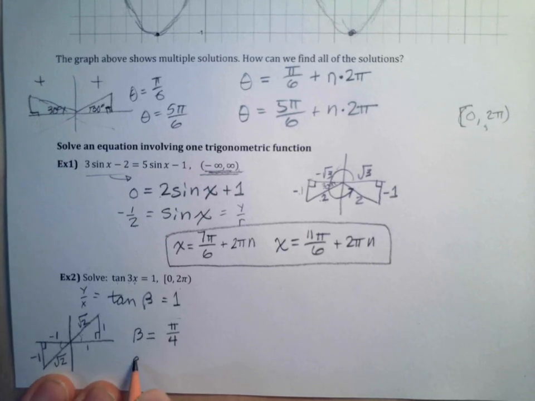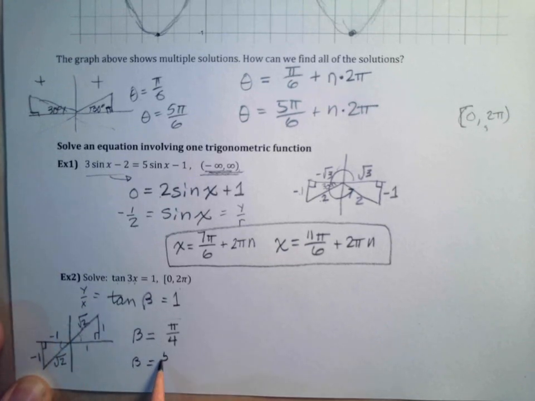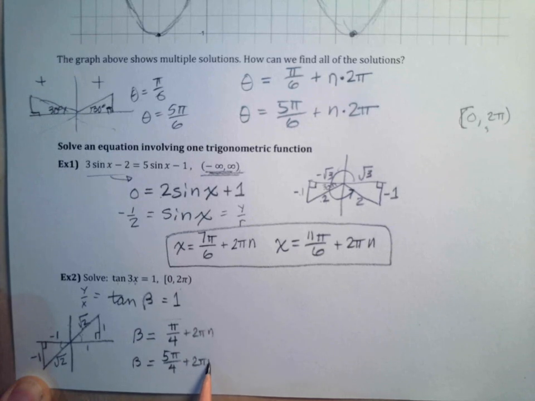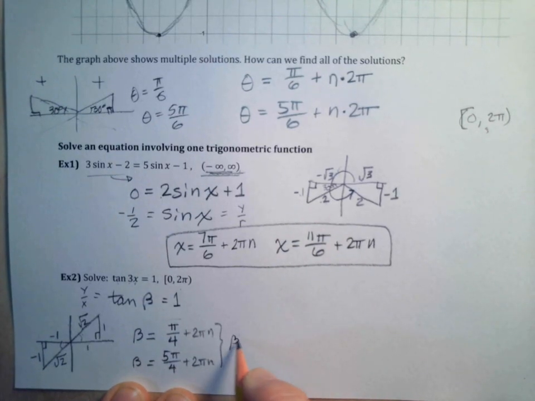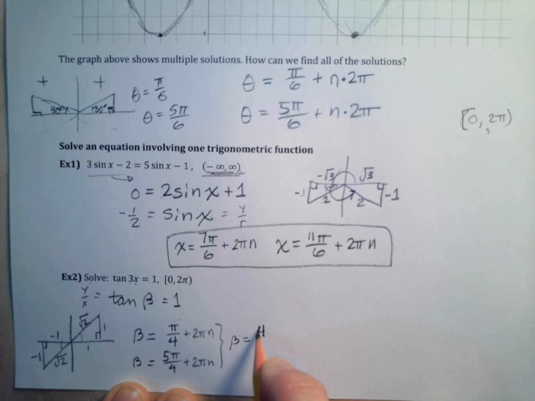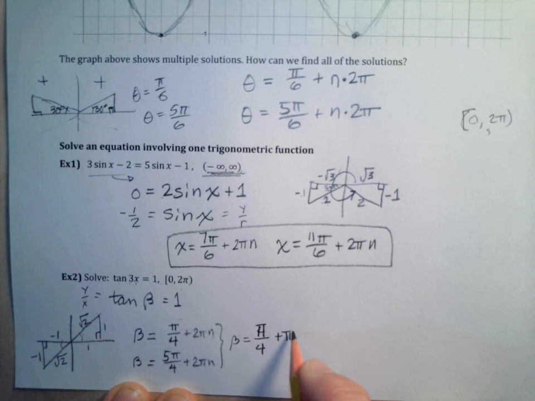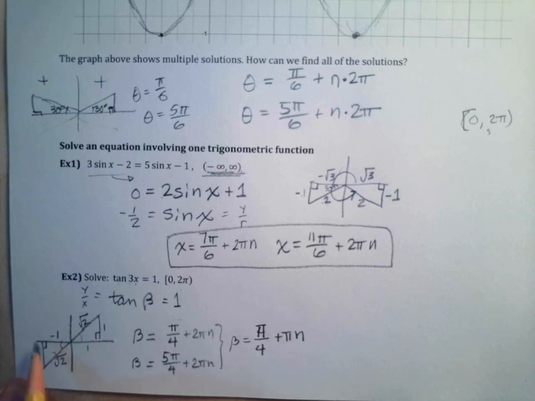So instead of saying beta is pi over 4, and then 5 pi over 4, and saying plus 2 pi n each time, in this case we can be more concise and just say beta is equal to pi over 4 plus pi n, because here we add a pi, add a pi, add a pi, or subtract a pi, because they're right across from each other.